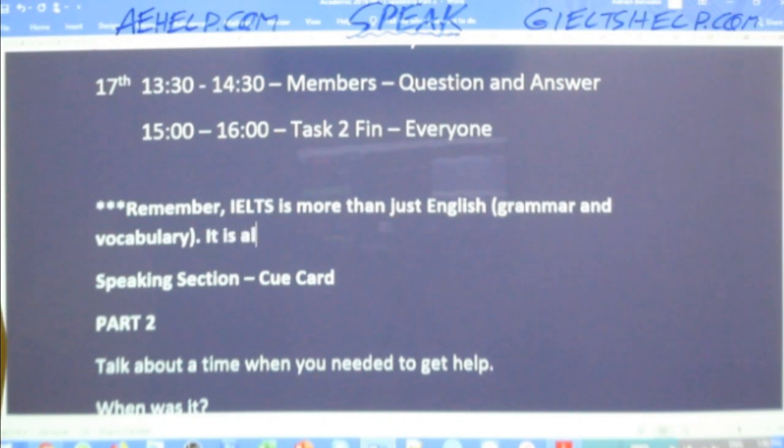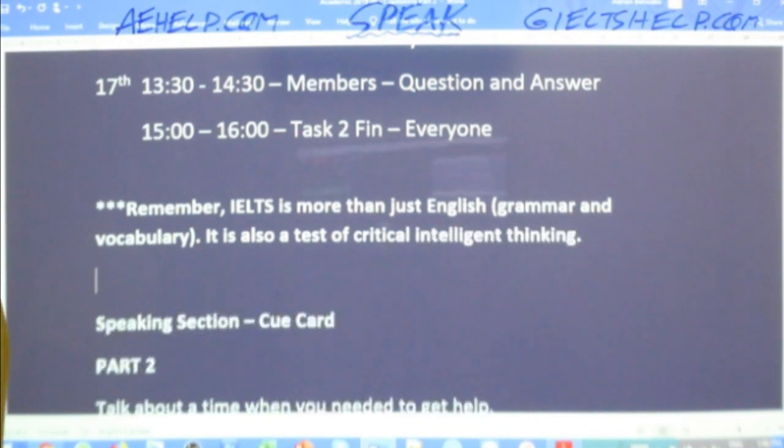It is also a test of critical, intelligent thinking. Okay? And part 2 in the speaking allows the examiner to assess this at a high level.